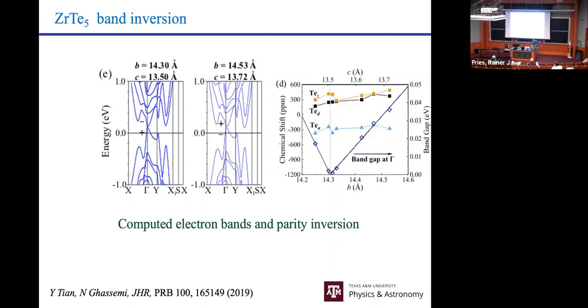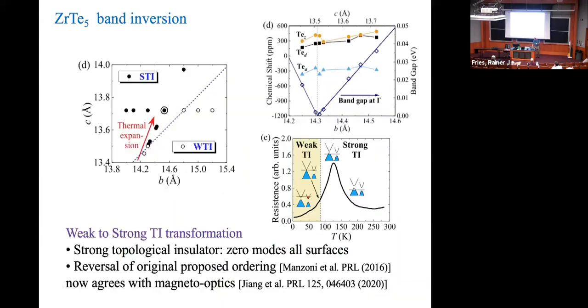But anyway, we did some electronic structure calculations, and this also confirmed the topology change. This shows a general picture. Actually, our result is that it was believed that there's a reversal of the symmetry.